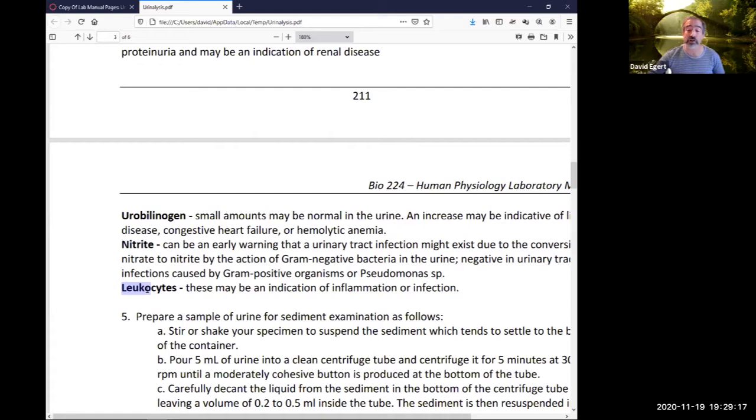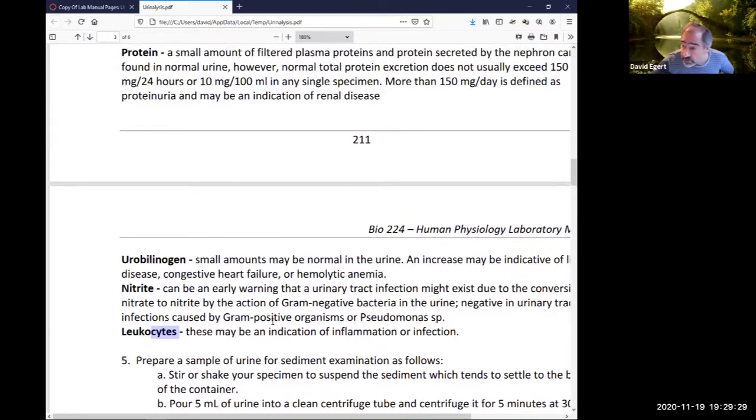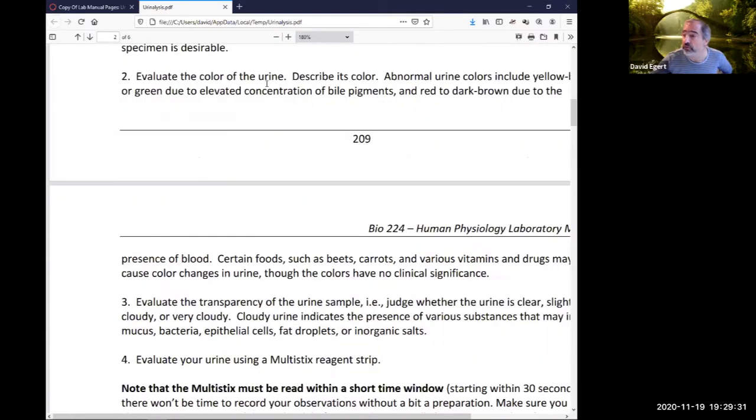Leukocytes, again, those are the white blood cells, which we've been talking about as part of your immune system, and they are also a sign that there's some UTI going on if they show up. So these are all the things that you're going to be looking for.